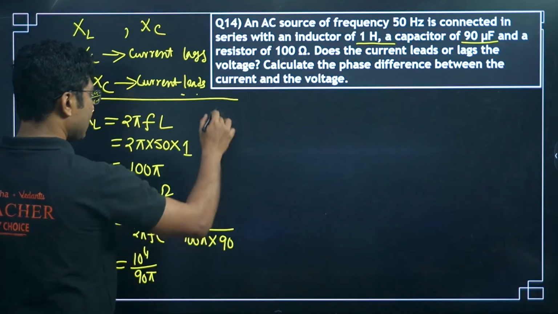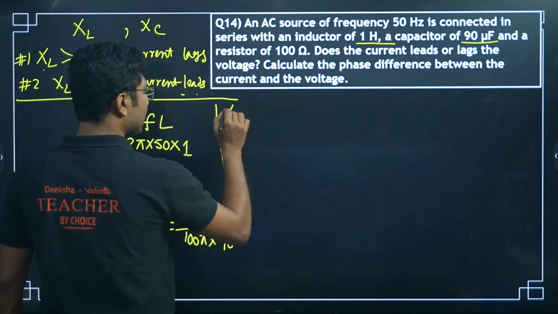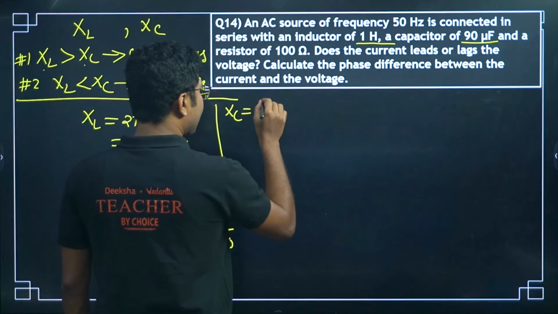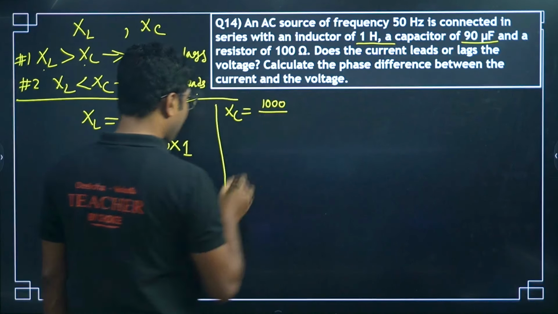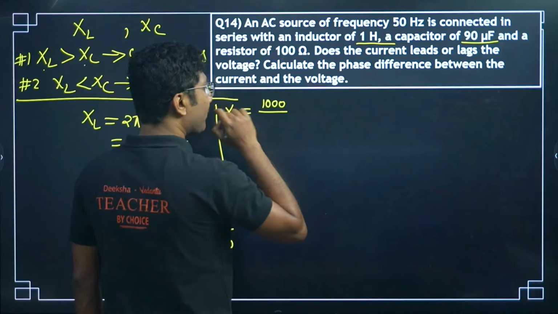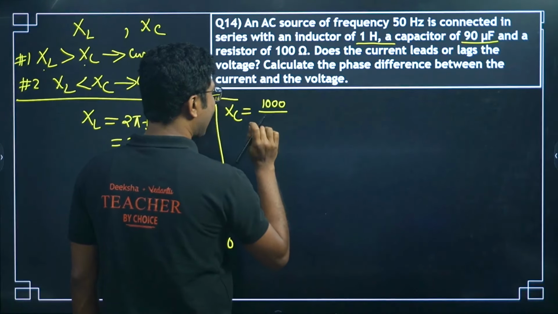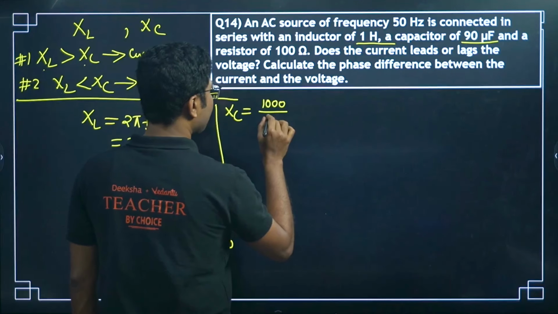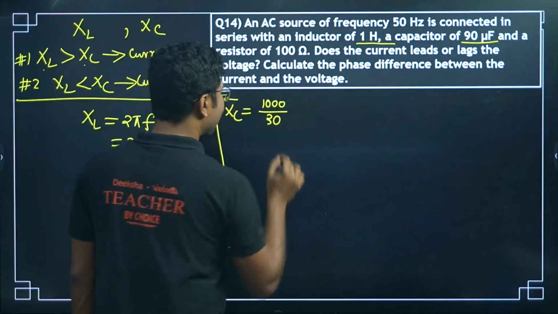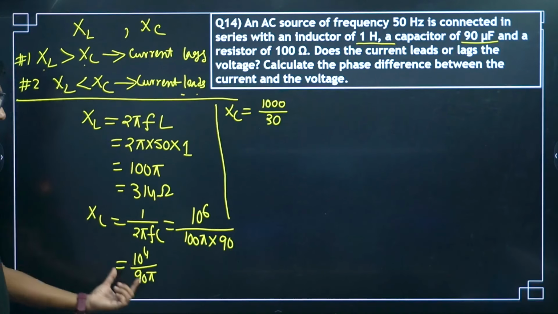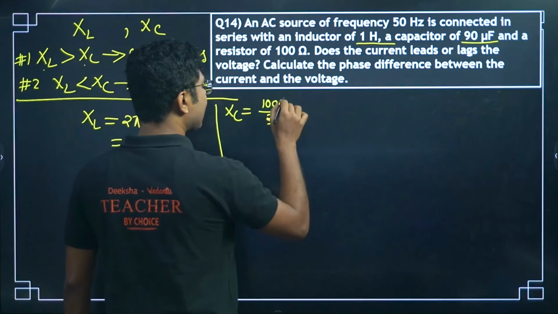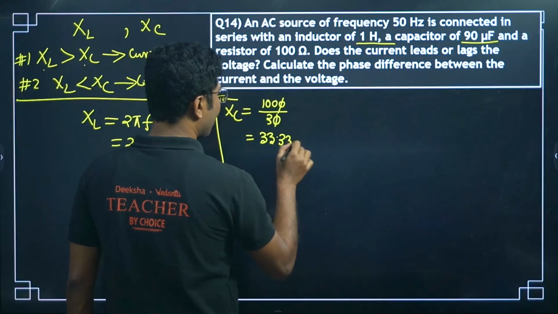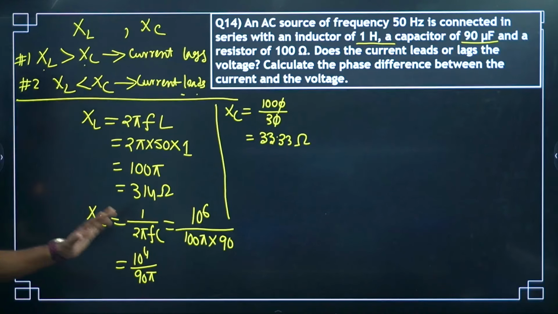So, XC equals 10,000 divided by 9 into 3.14, approximately 27. You can consider it approximately, I am not saying exact value, this is an approximation of 30. So, you get this as 33.33 ohm. You put the exact value over here and calculate it, no problem.